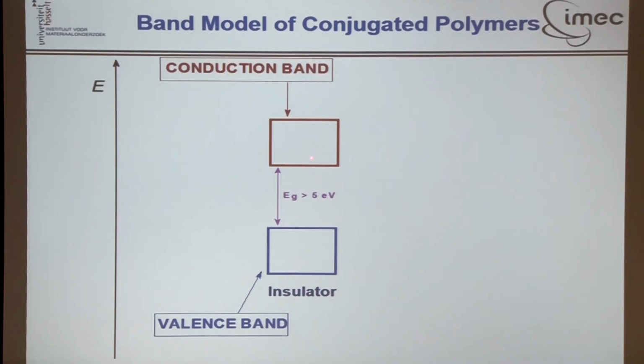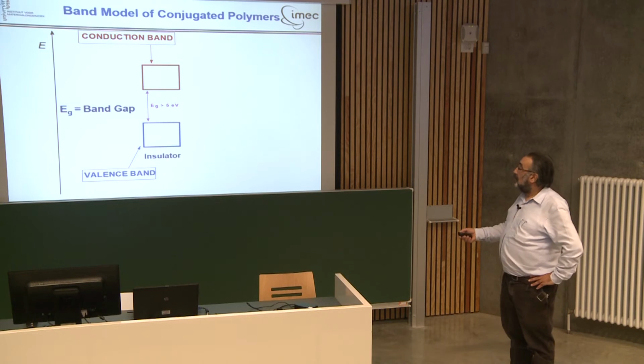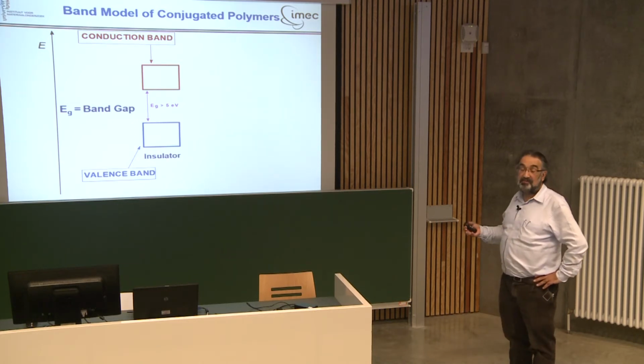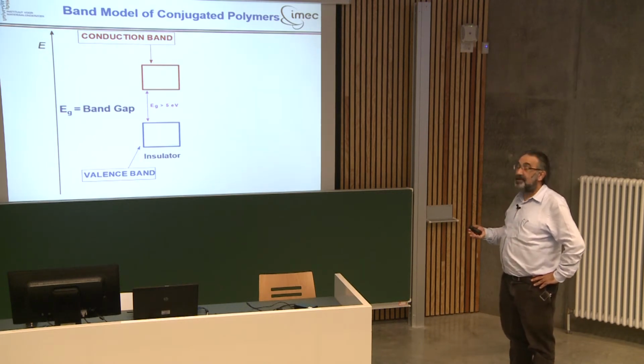You also have a continuum of levels that are not filled, that are empty, and in between there's a forbidden energy zone that's called the band gap. In this simple description one can say the band gap determines the electronic and optical properties. If it is quite large, you have an insulator. It will also be transparent, for example, or will not absorb light.